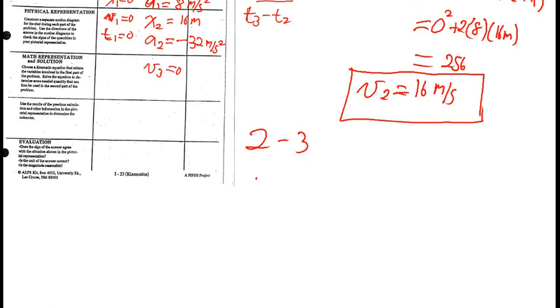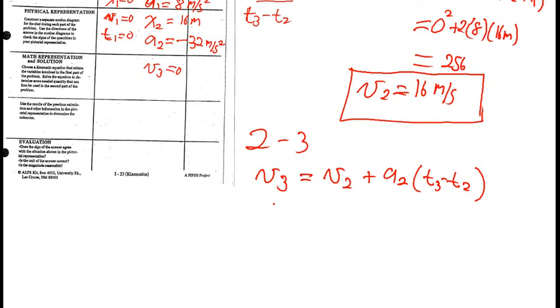So the equation that has the velocities in it and the time would be the most appropriate one to use. So we could say that the final velocity, which is v3, is the initial velocity, which is v2, plus the acceleration, which is now labeled a2, times t3 minus t2, which is exactly what we want to find.